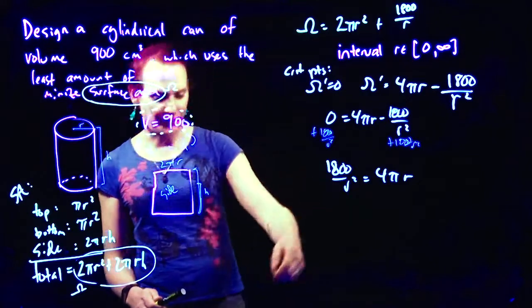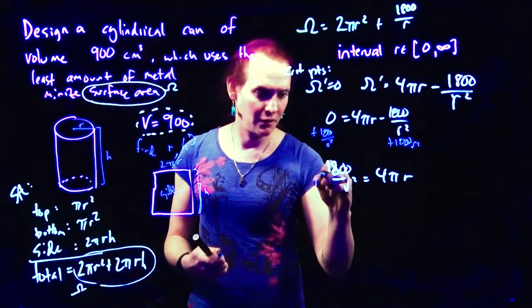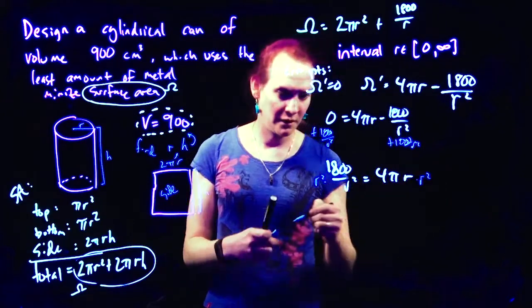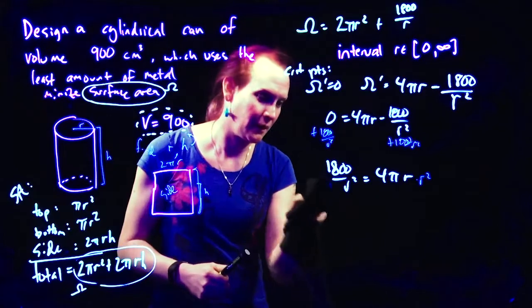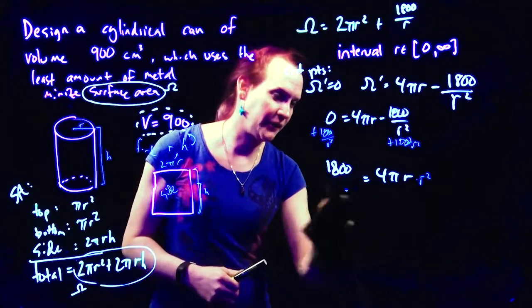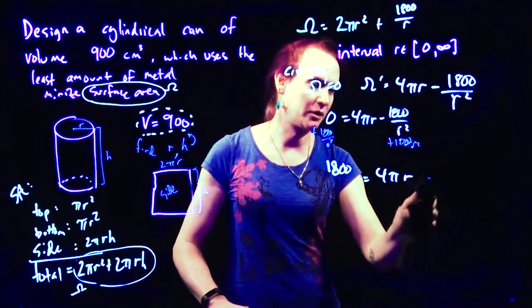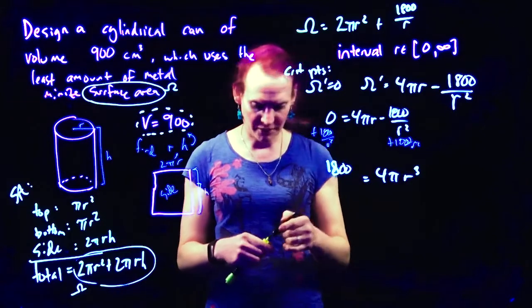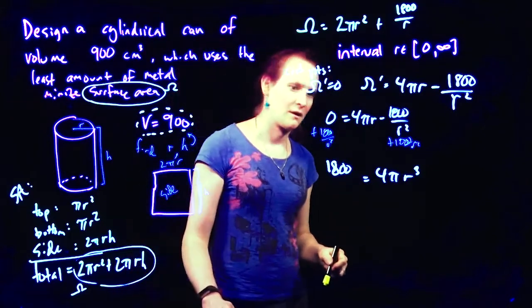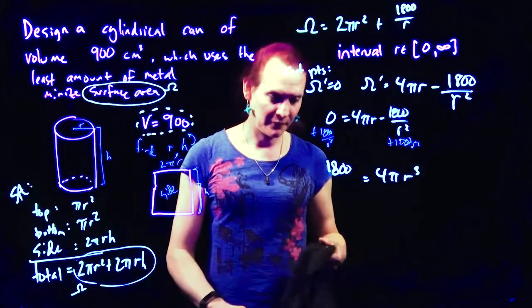Let's multiply both sides by r squared. So that's going to cancel on that left-hand side. I'd love to show all my lines, but I'm totally going to run out of space. So now I've got a cube right there. And we're so close. Let's divide by 4.